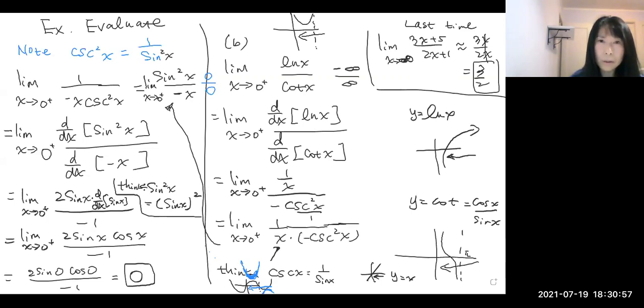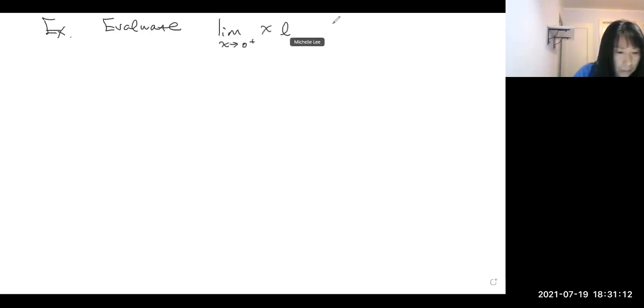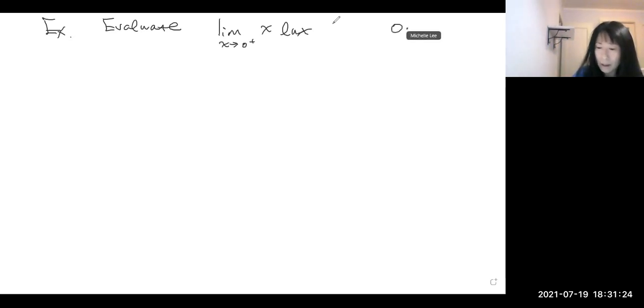Let me erase this one. So if we have this form, when x approaches 0 from the right again, in this case, we get x for 0, right? What about ln 0? We cannot do that, right?